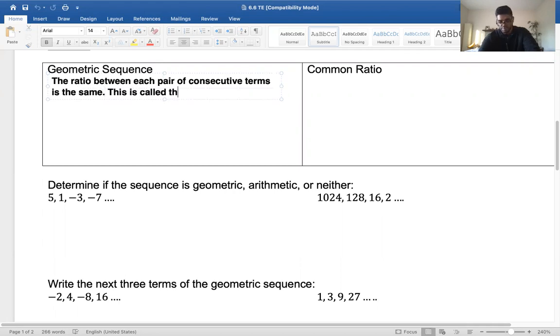This is called the common ratio. Each term is found by multiplying the previous term by the common ratio.